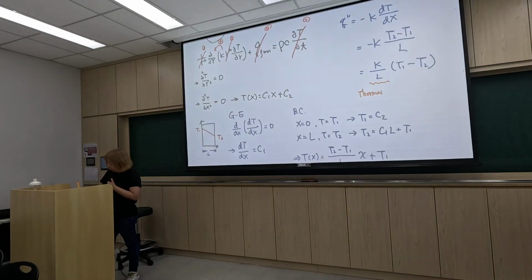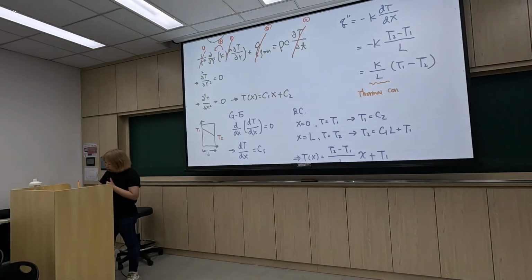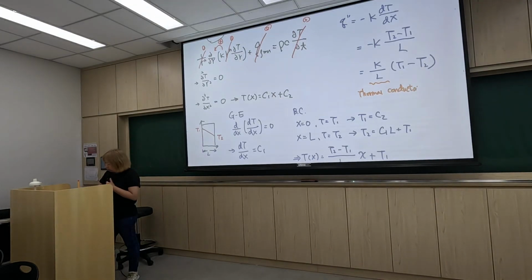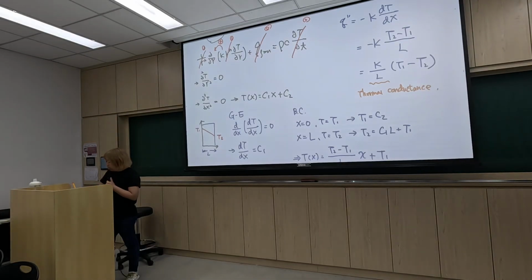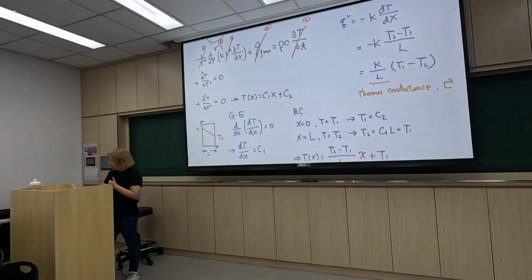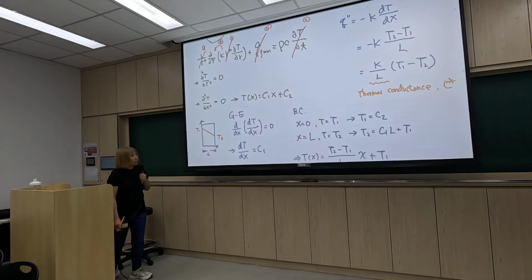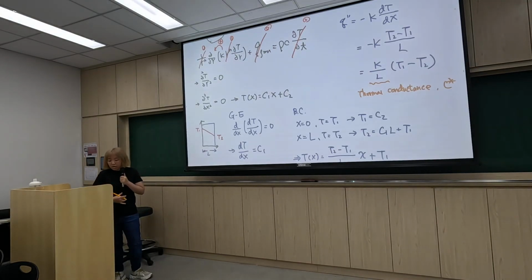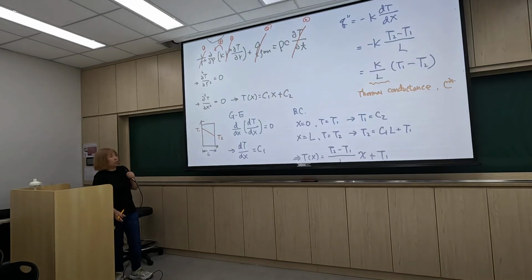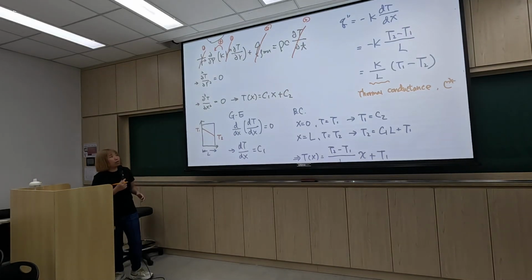Thermal conductance. Usually in the textbook it is written as C star. This is called the thermal conductance coefficient. So it's kind of unified a little bit.